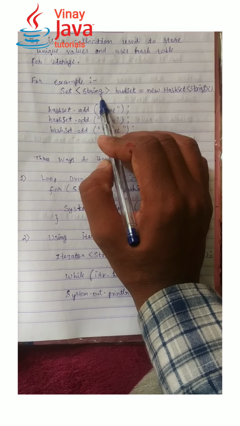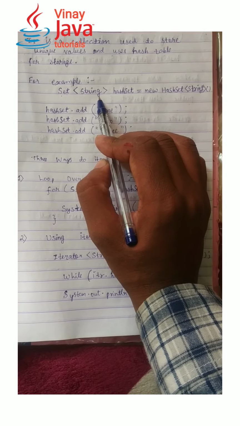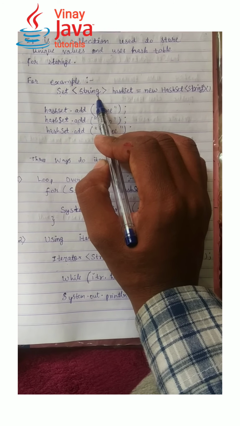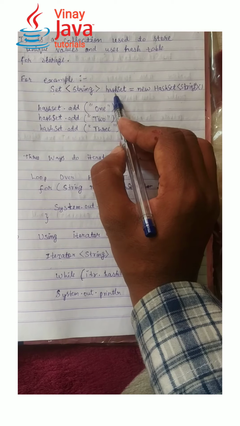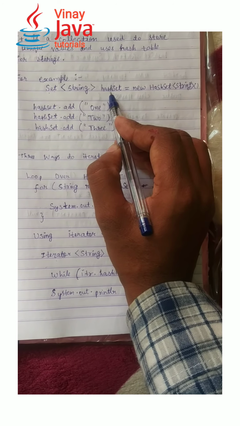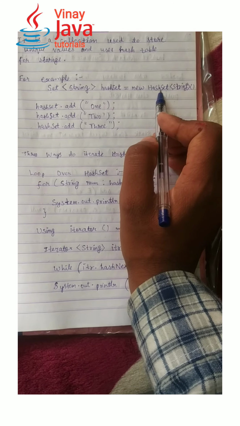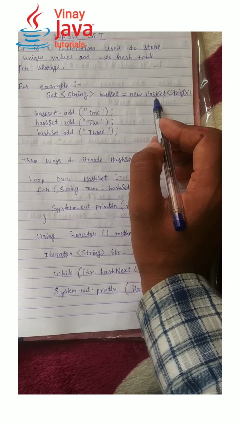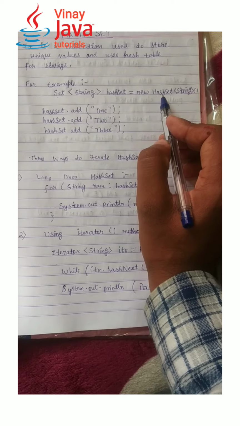It will not have key-value; it will only have one value, which I have kept as string type. Hash set is my object of hash set. Then with new hash set, internally the hash set constructor will be called.